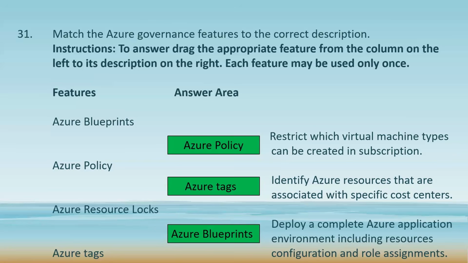Basically, tags are metadata elements that you apply to your Azure resources. They are key value pairs and can be used to segregate resources based on certain criteria like department, cost centers, subsidiaries, and so on. And in this case, they are taking into consideration the cost center.